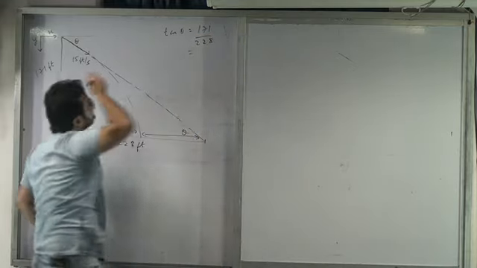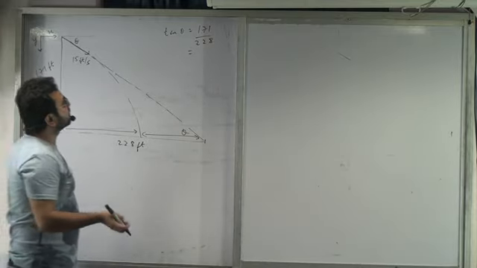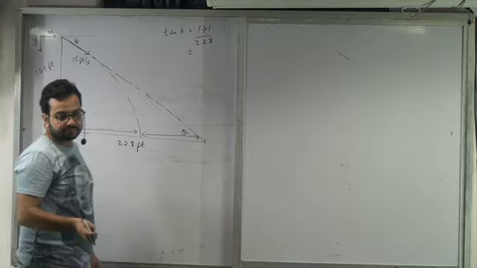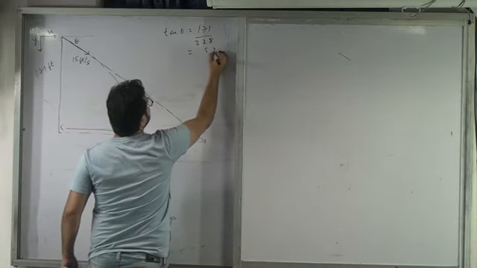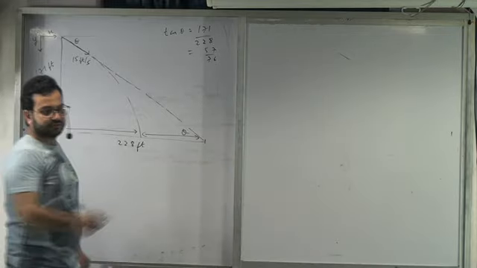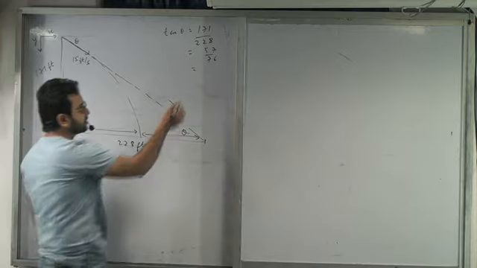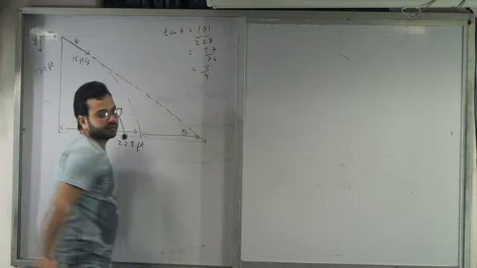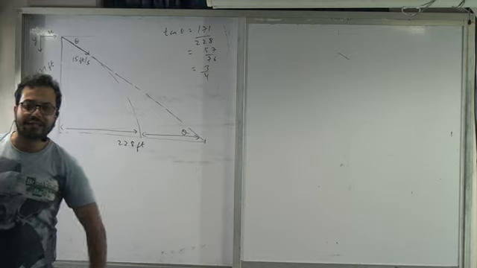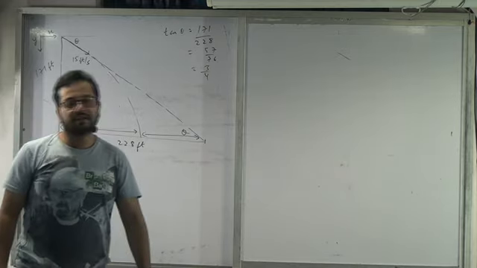Okay. Is it going to get factorized? 57 by 76. Divide that by 19. 19 3 is a 57. 19 4 is a 76. So this is basically how much? 3 by 4. So tan theta is simply 3 by 4. So that is how much? Theta is what? 37 degree.